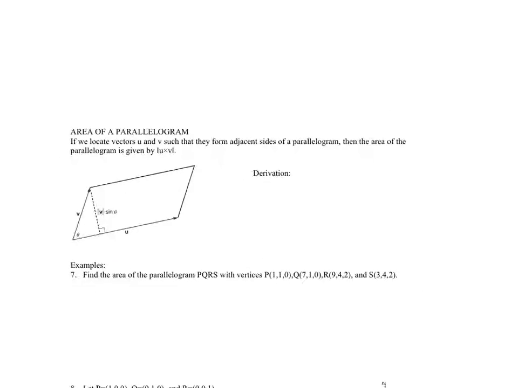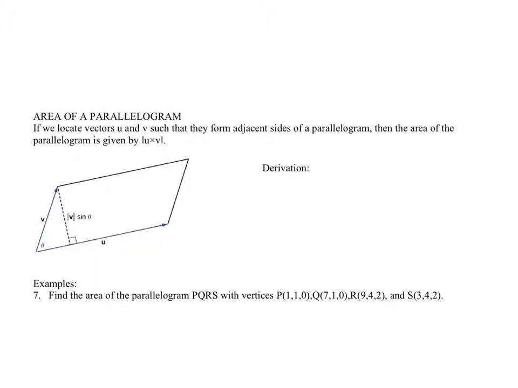All right, so the last thing we're just going to take like 10 seconds. That's an exaggeration. I'm just going to talk to you about where that area of the parallelogram business comes from. So we locate vectors u and v such that they form adjacent sides of a parallelogram, kind of like a vector sum. Find the area of the parallelogram given by the magnitude of u cross v.